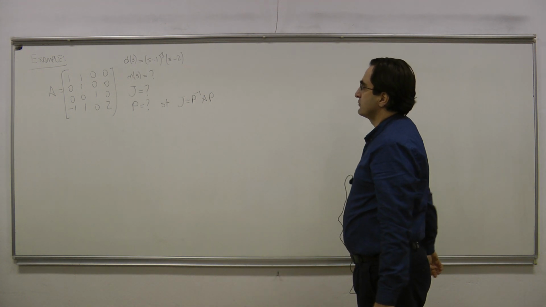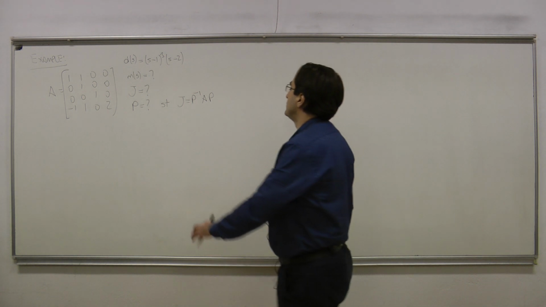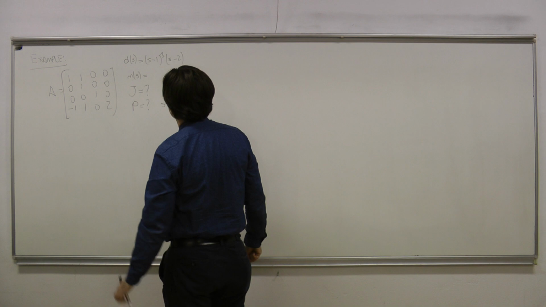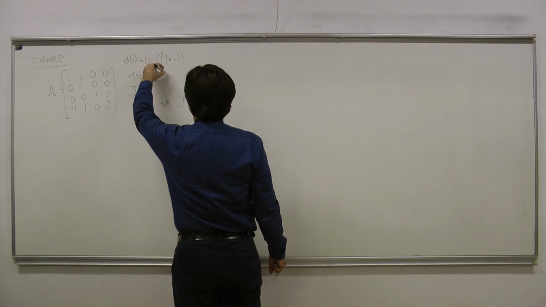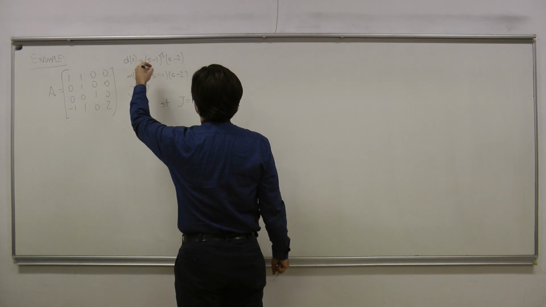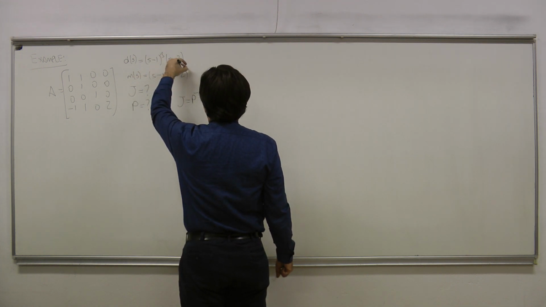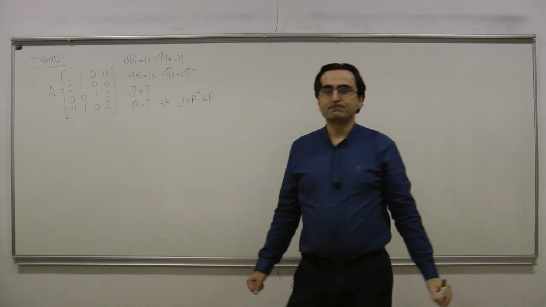Now let us look at the minimal polynomial. We know that if we have a characteristic polynomial like this, the minimal polynomial is going to have the following structure: (s minus 1) to the m1 and (s minus 2) to the m2.